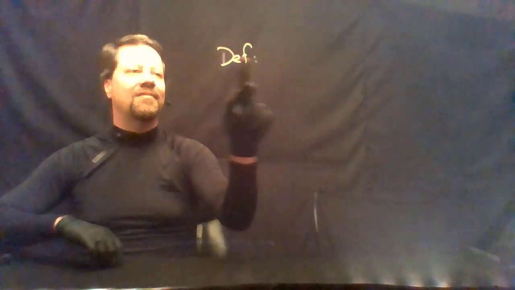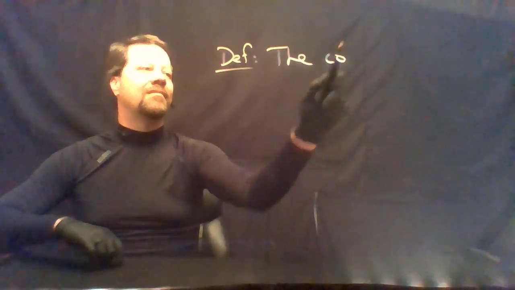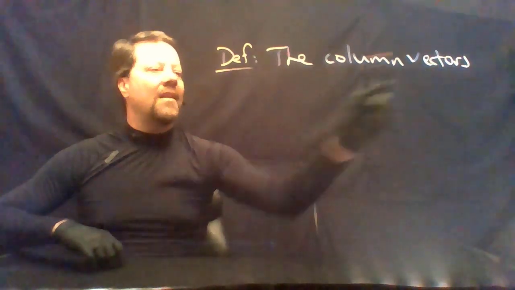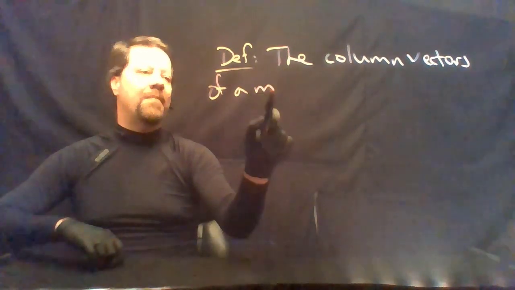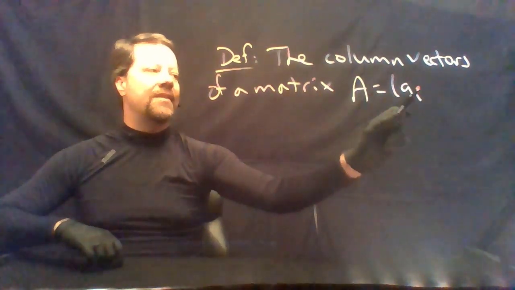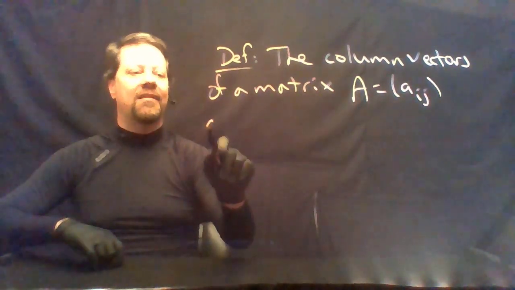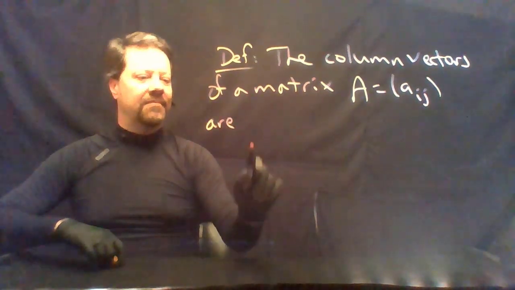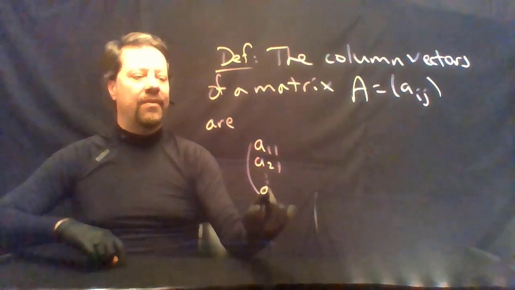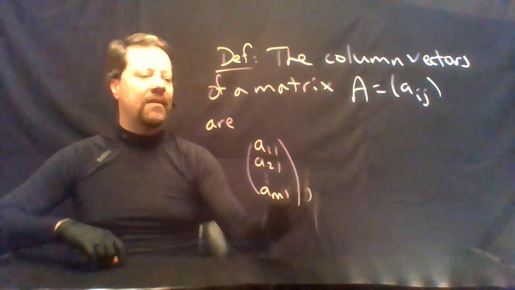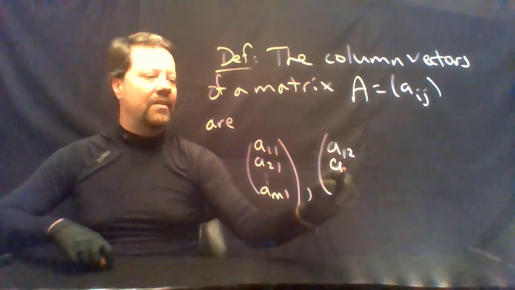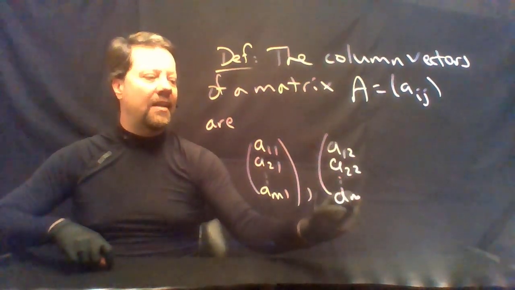Also, the column vectors of a matrix A, which has entries lowercase aij, are A11, A21 through AM1, A12, A22 through AM2, and so on through A1n, A2n, AMn.